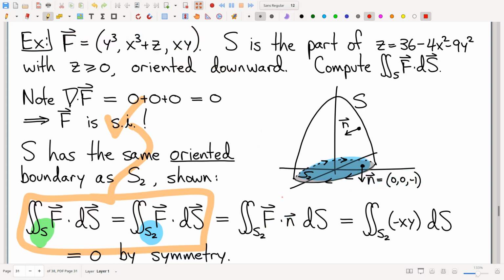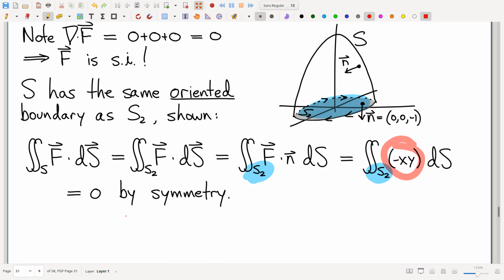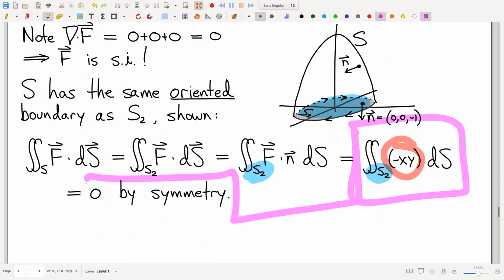And so on that surface, my integrand is just minus xy. And I claim that's an easy integral. I'm going to leave the details for y'all. This is a nice exercise, but this integral here is 0 by symmetry. So you want to think that through.